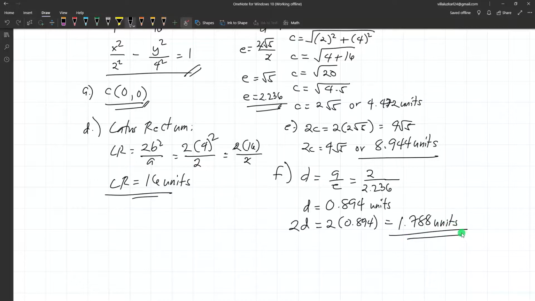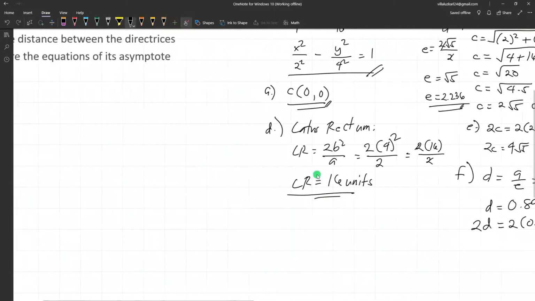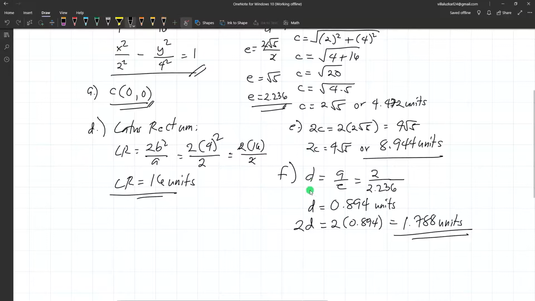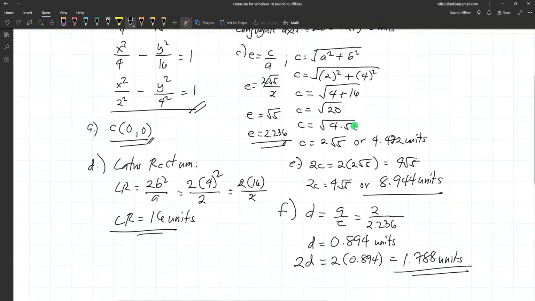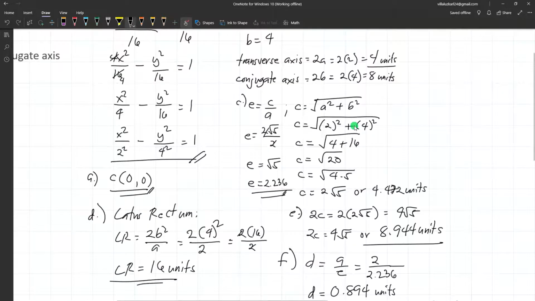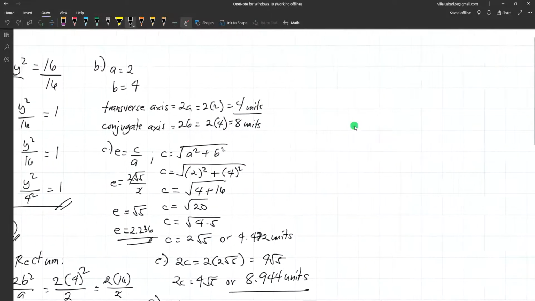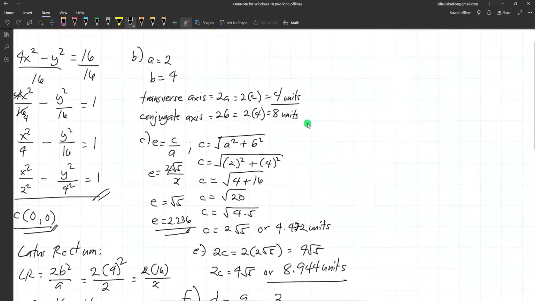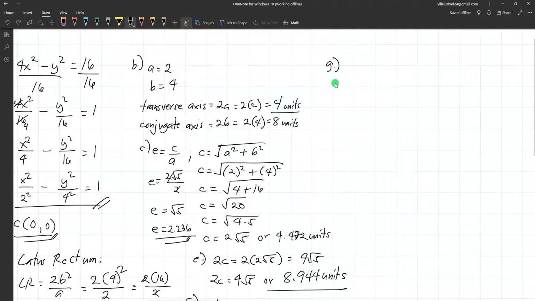Okay, last question. What are the equations of its asymptotes? So let's go back here. Letter G. Equation of asymptotes, we have y minus k equals positive or negative m times x minus h.